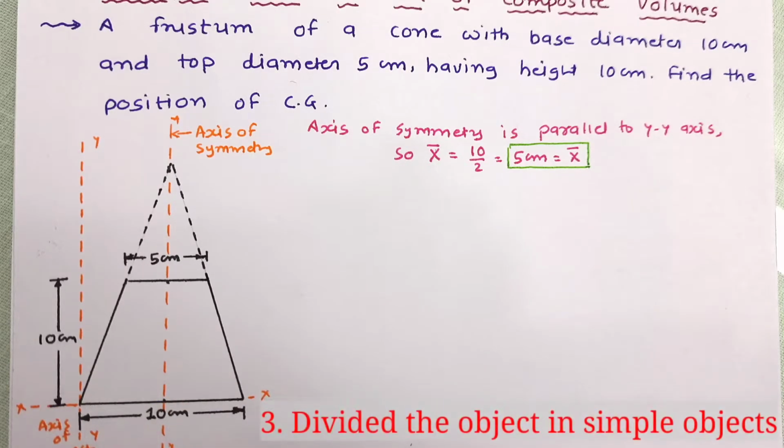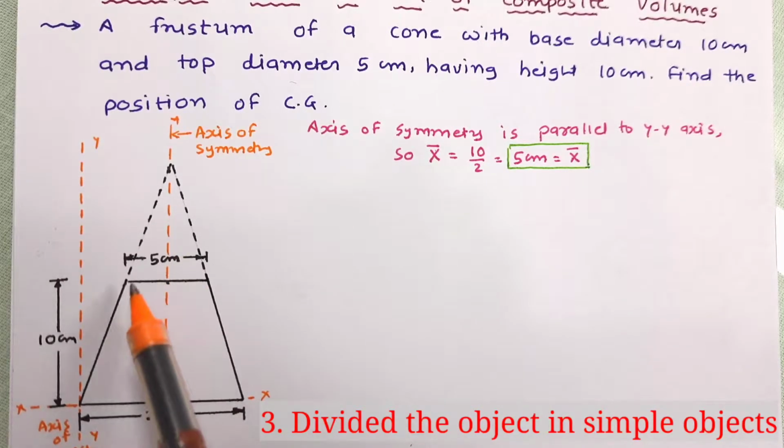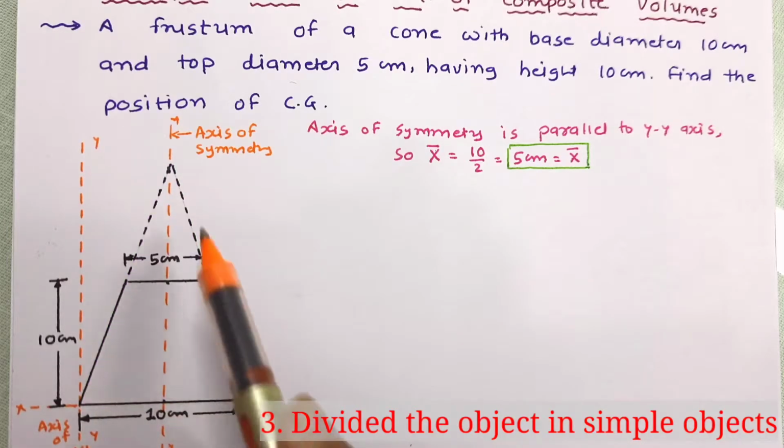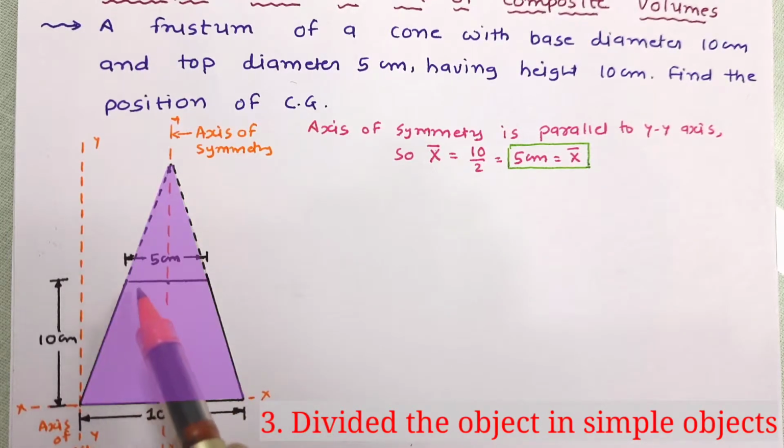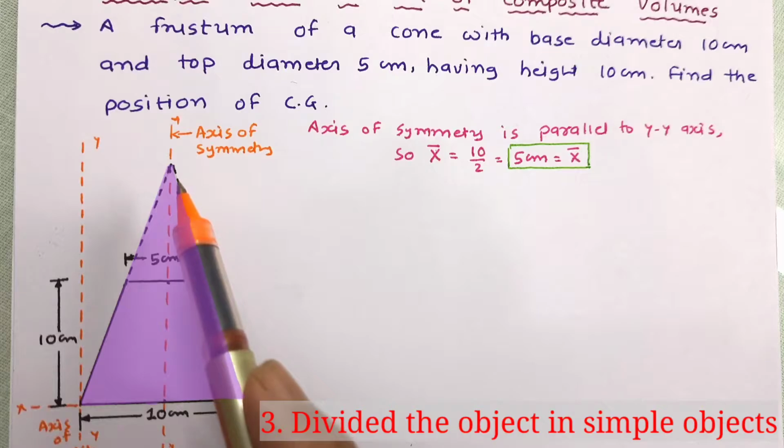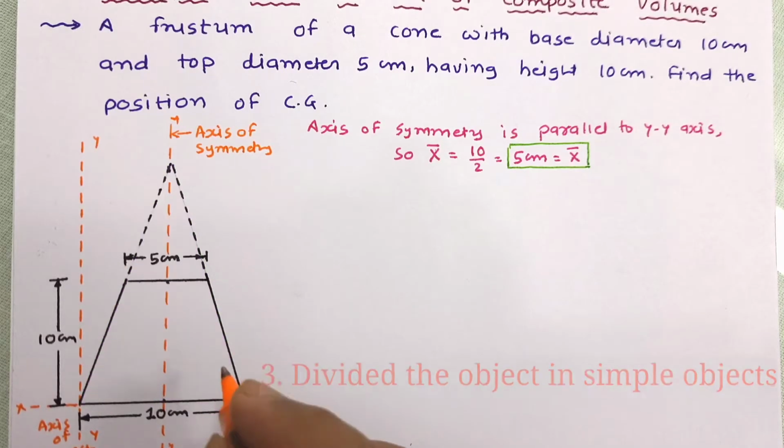The third step is to divide the figure into simple objects of which the volume is already known. So this frustum of cone can be divided into two parts. First is the complete cone and the second is the top cone which is removed. So let us mark it.